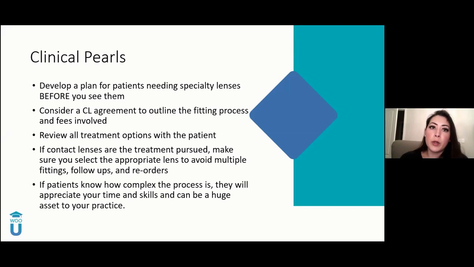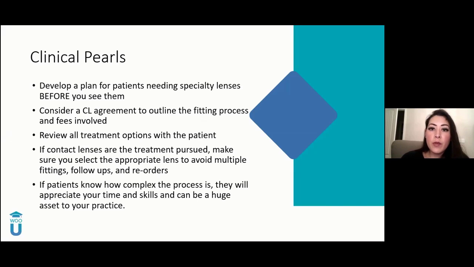So just some clinical pearls: develop a plan before you see the patient, before you go down that route. Consider some sort of agreement or outline to go over the fitting process and what all the fees are. Reviewing the different treatment options with the patient.